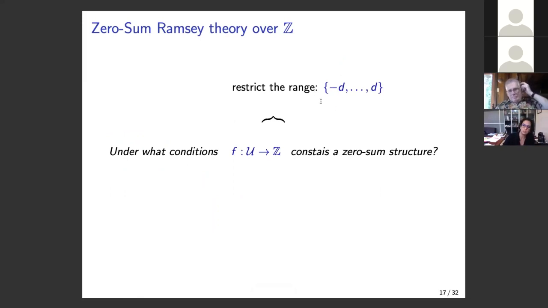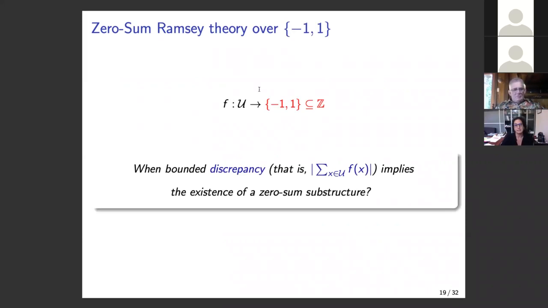We need some negative and some positive values, and also we need to restrict what we can call the discrepancy, to measure somehow the sizes of the color classes. You want them to be not too small. So in a particular case, we found it very interesting to study just this case.